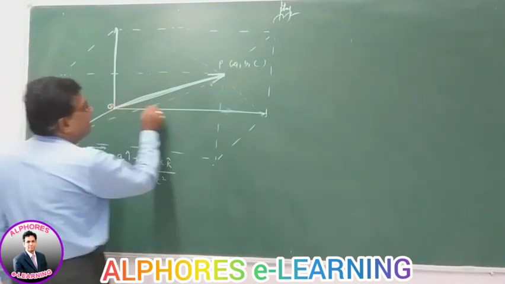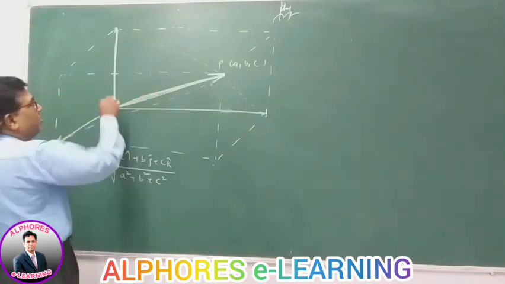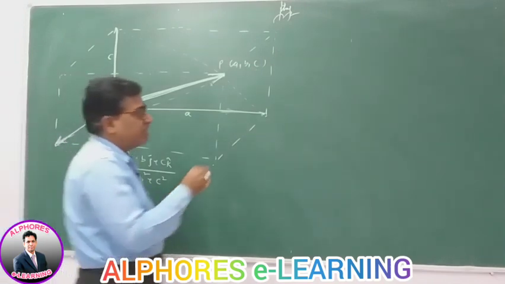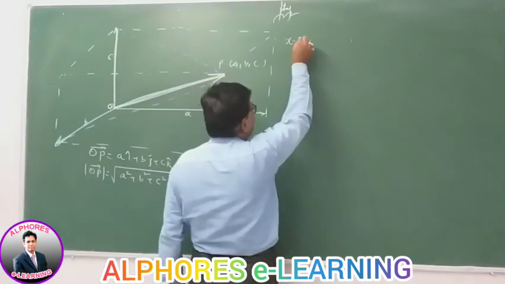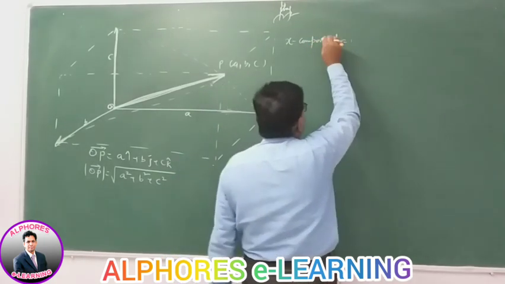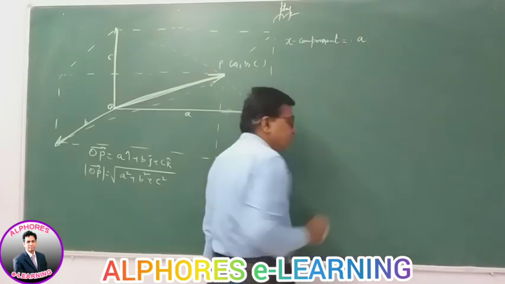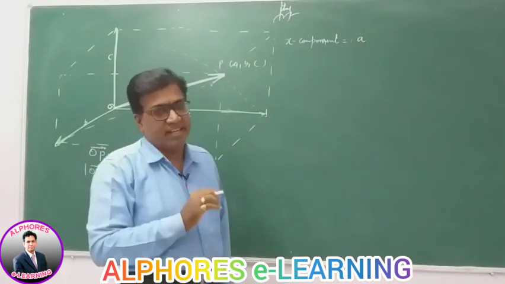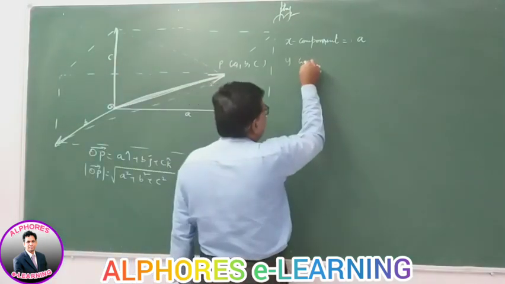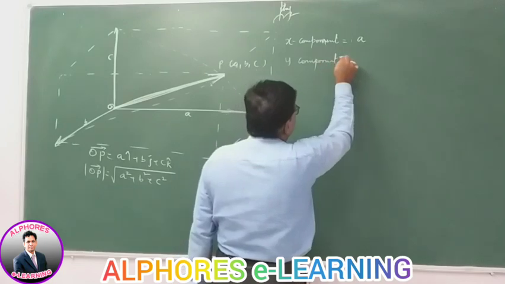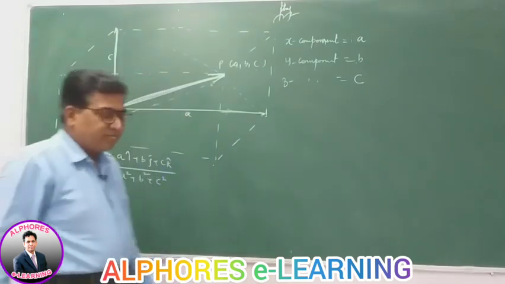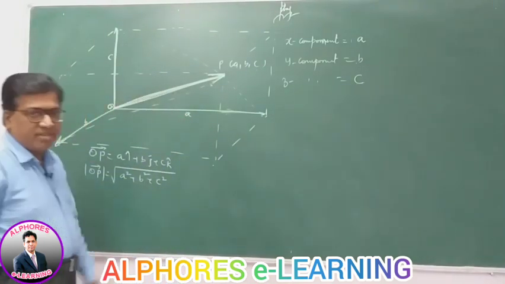So x component is a, y component is b, z component is c. You know, a component of a vector is not a vector, it is a scalar. It is only a mere number.